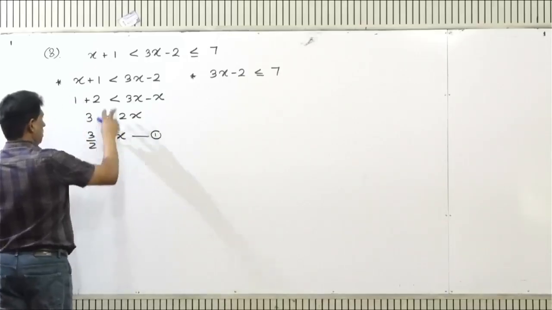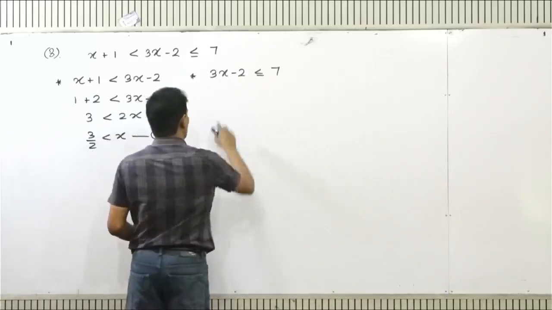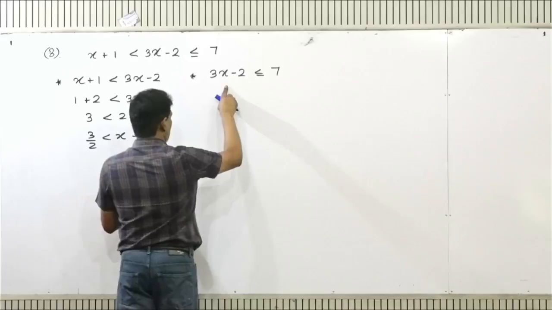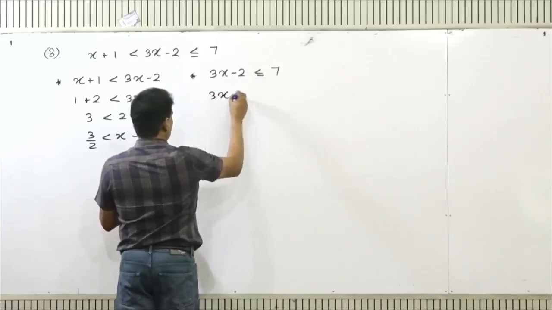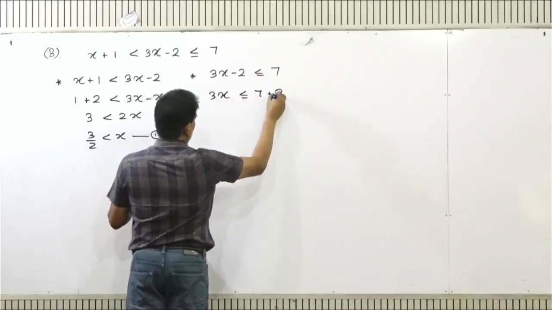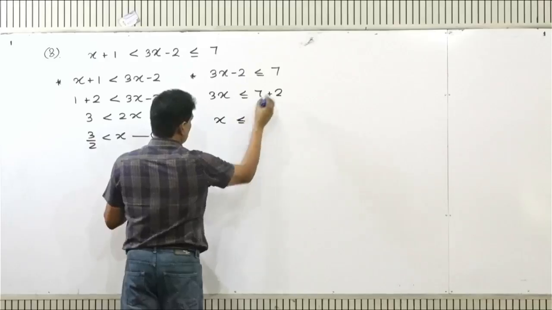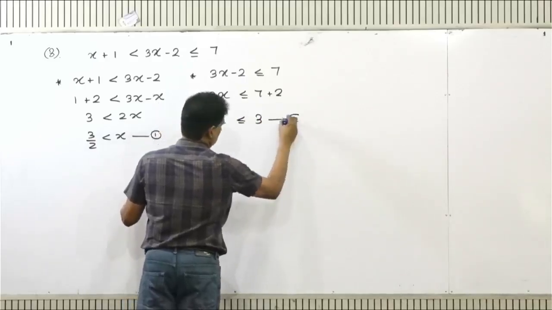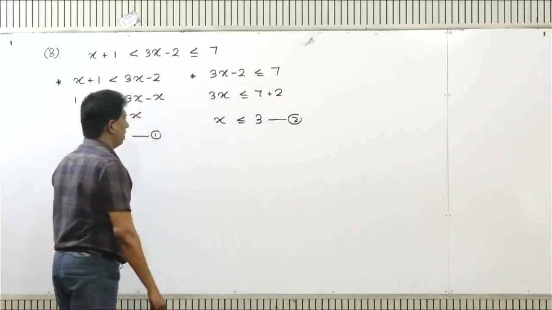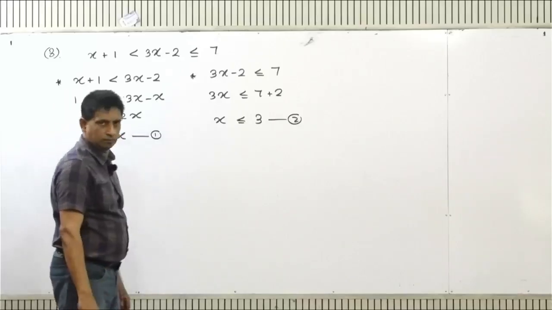This is the solution for this inequality. Here we have to isolate x, you have to take this side. Now you have to divide both sides by 3. 9 divided by 3 means 3. This is the solution for this inequality.